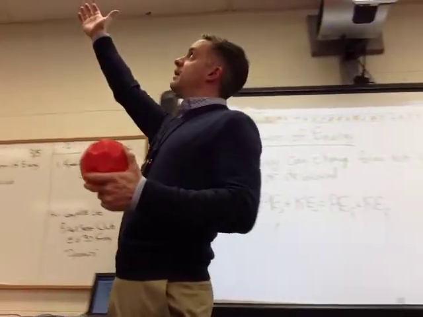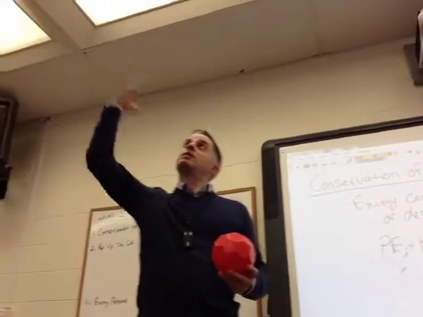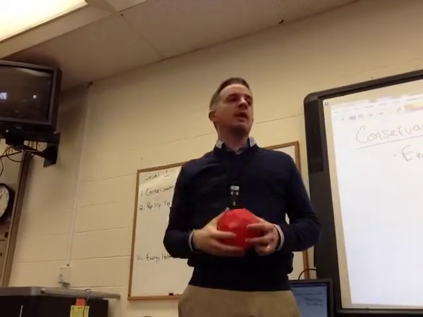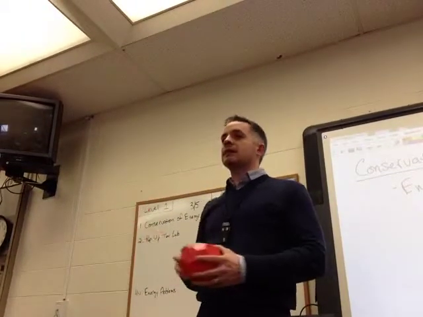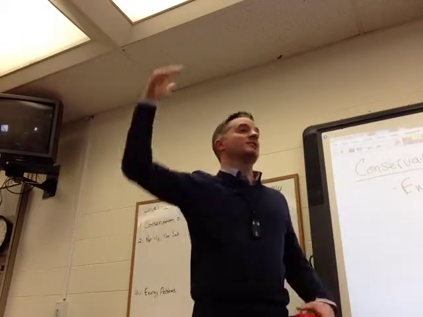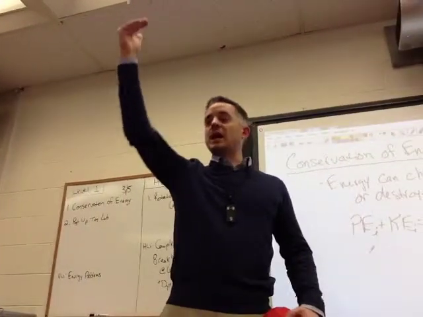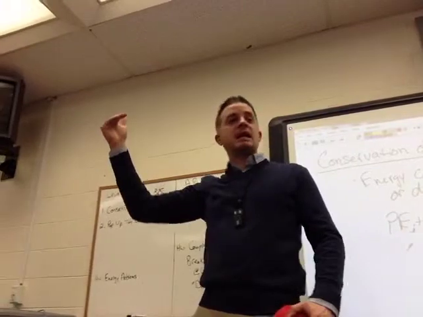If we talk about the lights, the energy that we get from the lights in terms of light and heat and a little bit of sound too, you can hear them buzzing, that may have started as potential energy of water at the top of a mountain. As it came down the mountain, it lost potential, but it gained kinetic.